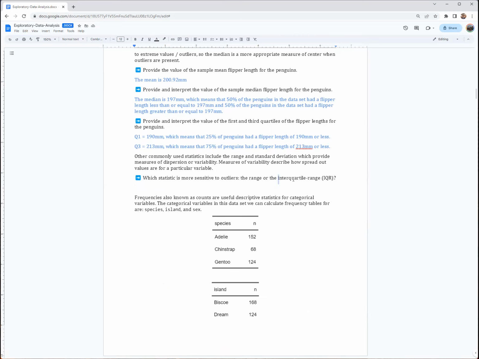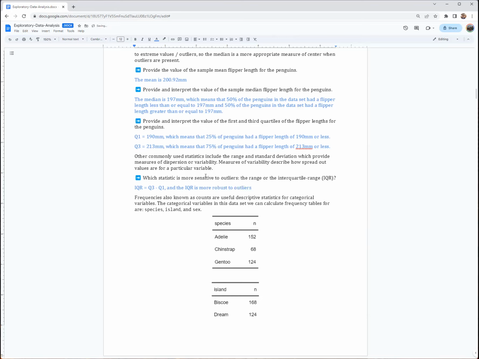There's also a statistic called the interquartile range. The interquartile range, commonly denoted as IQR, is equal to Q3 minus Q1. And the IQR is more robust to outliers.